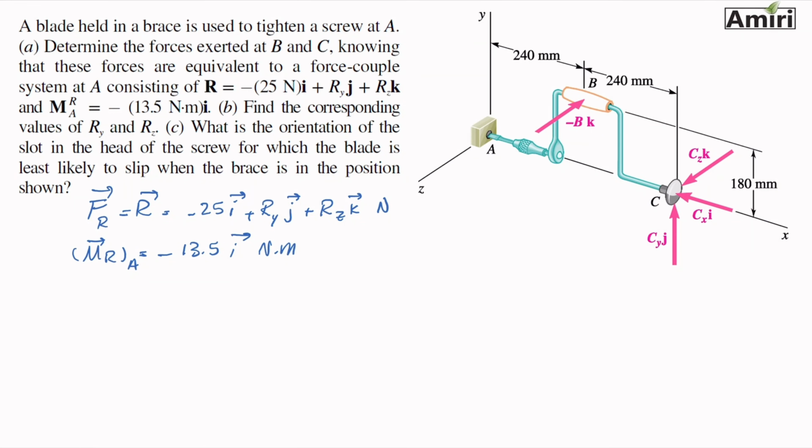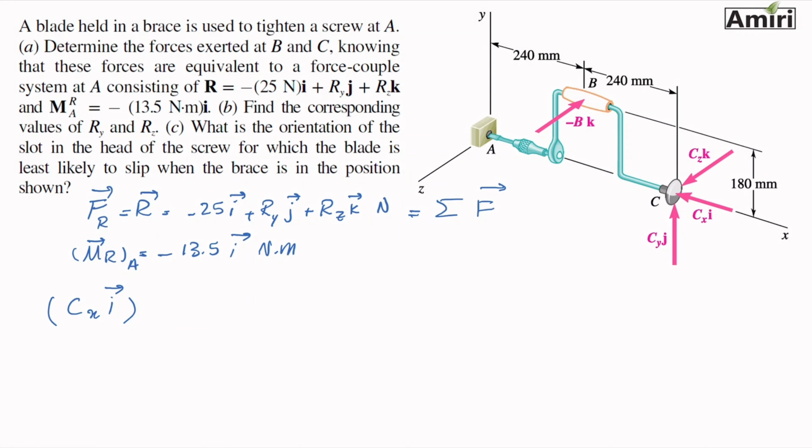So let's just start with finding B and all the C's. This here is summation of all these forces. So why don't we just add all these forces together? All of the components in I have to be added together. Cx I. There's no other I component.